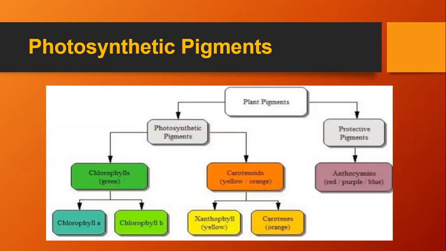Now we will look at how the division of the various plant pigments present inside the chloroplast is made. You can see there are two main divisions: photosynthetic pigments and protective pigments. These protective pigments we are not going to talk about because they are nowhere part of the syllabus. But just to tell you why they are called protective pigments: these pigments protect the photosynthetic system of the plant in certain conditions.